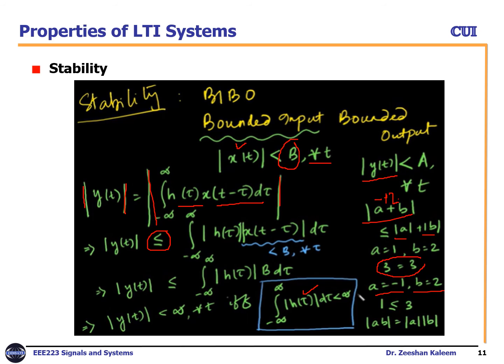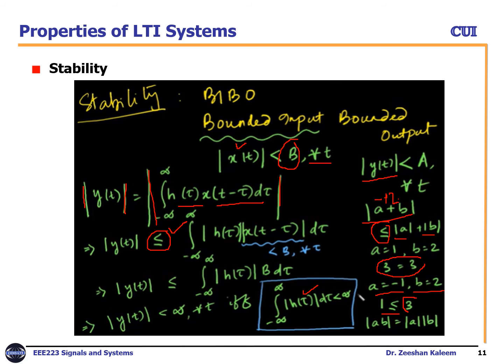Whereas a absolute, minus 1 absolute, is always 1, plus b absolute, 2 absolute, will be 2. So 2 plus 1 will be 3. So 1 is less than 3. So it means that this expression will always be less than or equal to, not always equal to, right? That's why we introduce the less-or-equal sign here.